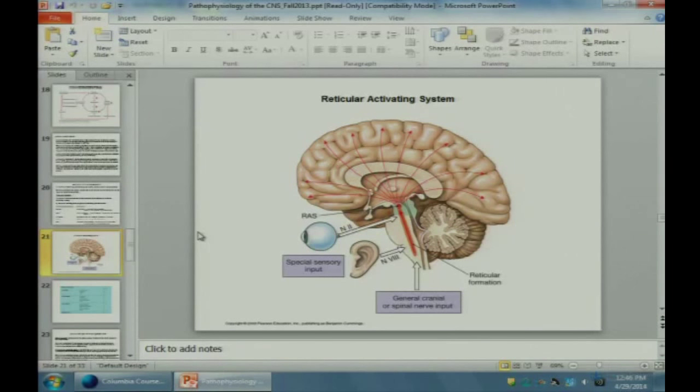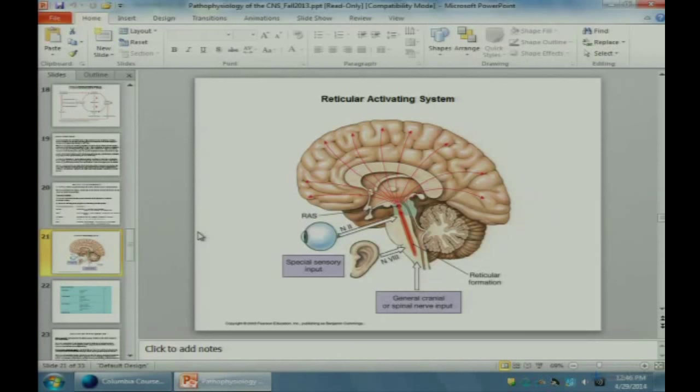And the job it has is very important. It's a relay station. The reticular activating system is a relay station. It's where all sensory information from the body comes in and is then conveyed to wherever it needs to go in the brain, in the cerebral cortex.